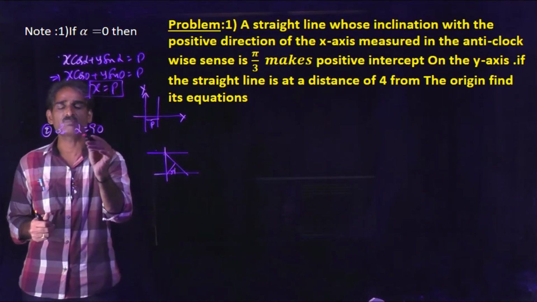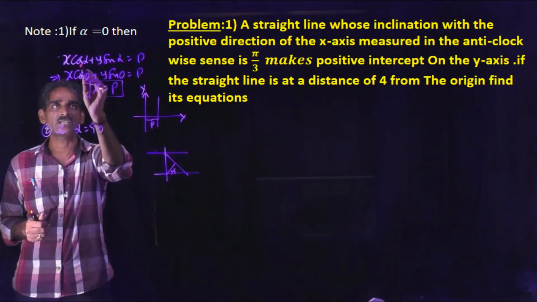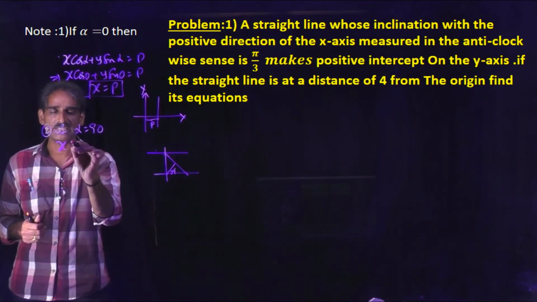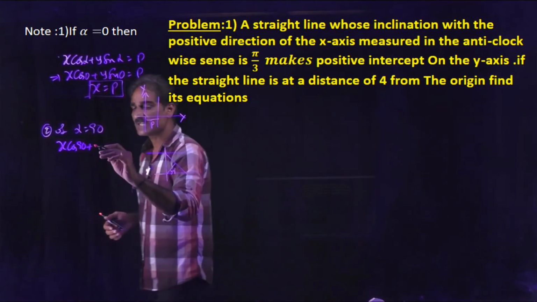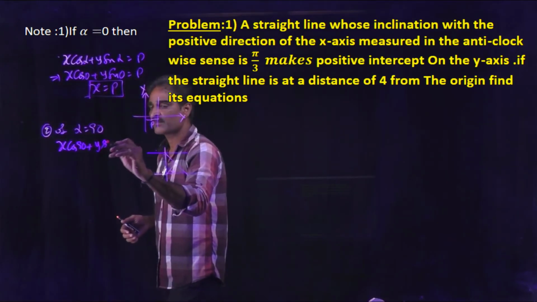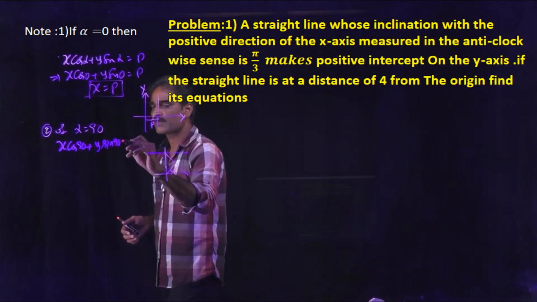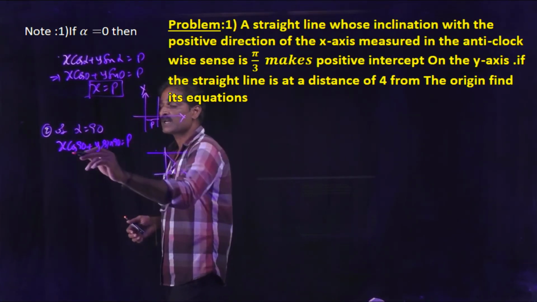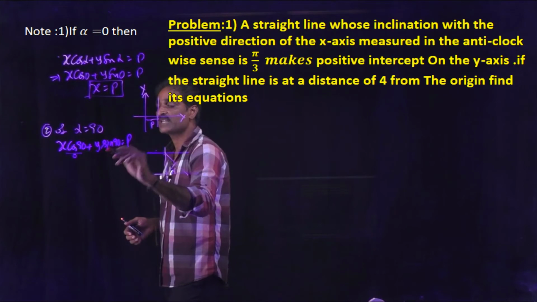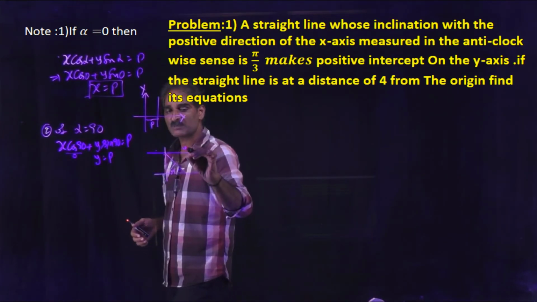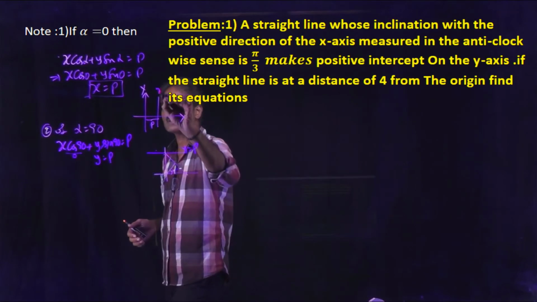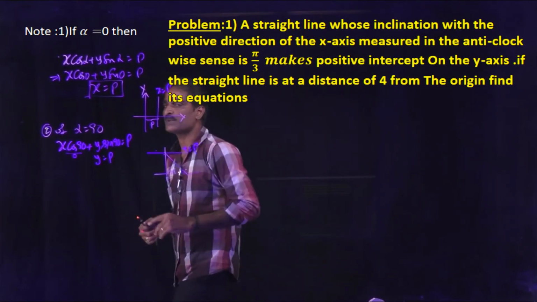So here just simply substitute alpha equal to 90 in the normal form. What will happen? x cos 90 plus y sin 90 is equal to p. Cos 90 is equal to 0, sin 90 is 1, so y is equal to p. So it represents y equal to p.